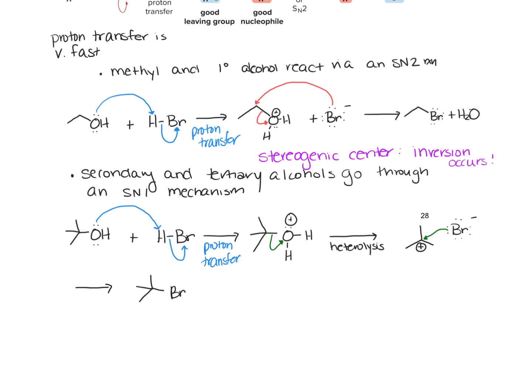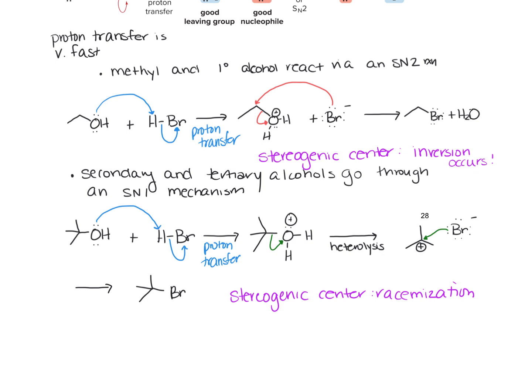This means if you start with R, you're going to end up with S. Then secondary and tertiary react by an SN1 mechanism, so if you have a stereogenic center, you are going to end up with racemization. So all the rules for SN2 and SN1 that we learned in a previous chapter still apply here.